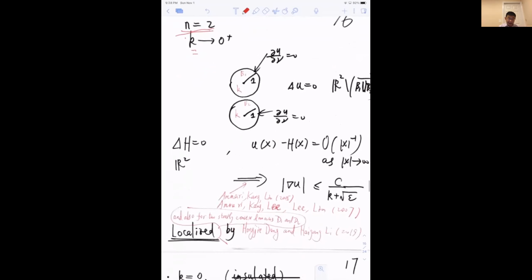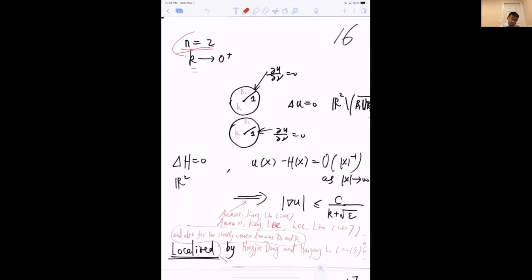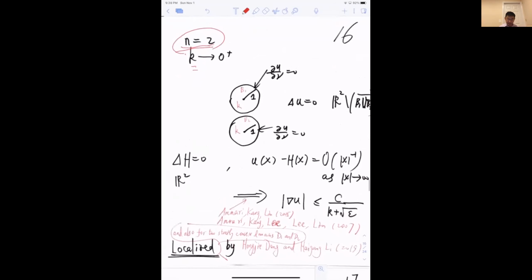And in n equal to 2, this was done in the same paper mentioned, Hongjie Dong and Haigang Li. In the case of the global case in R2, take away two balls, with epsilon distance here, Neumann condition, prescribed a behavior at infinity like a harmonic function.